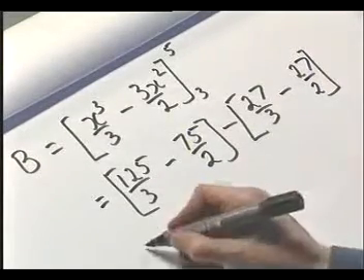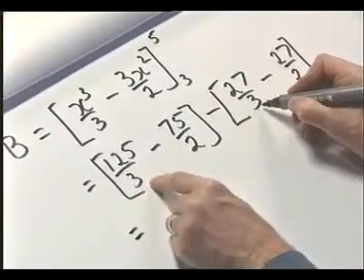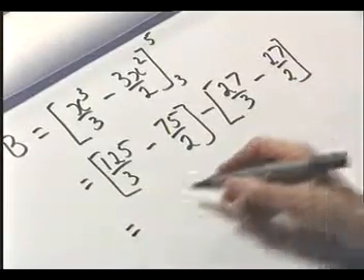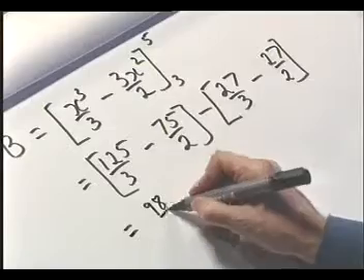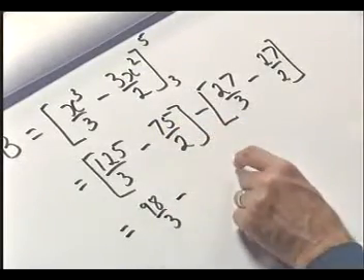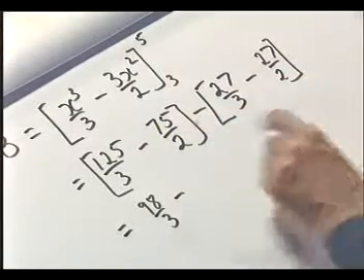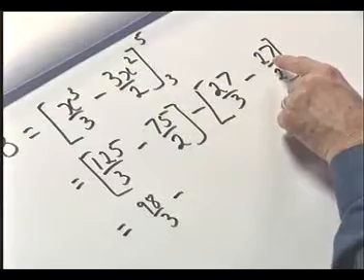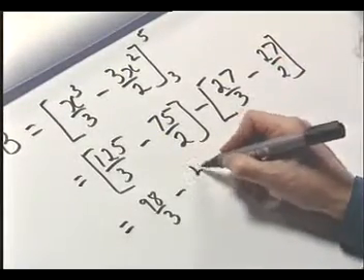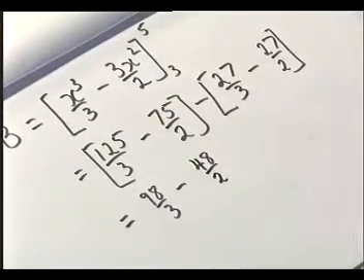OK. Let's tidy up these bits first. 125 over 3 minus 27 over 3, well, that's 98 over 3. Minus, now I have minus 75 over 2 minus 27 over 2. So I've got minus 75 plus 27, and that is going to give me 48 over 2.